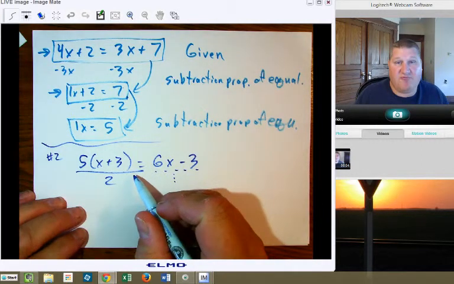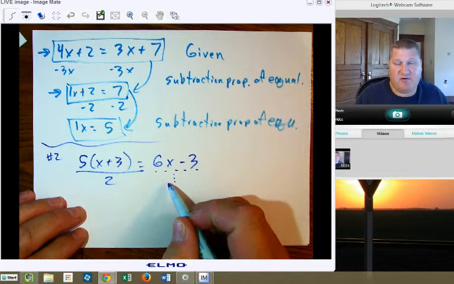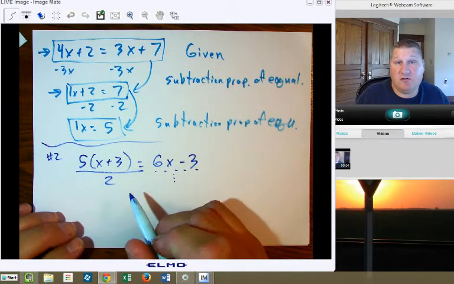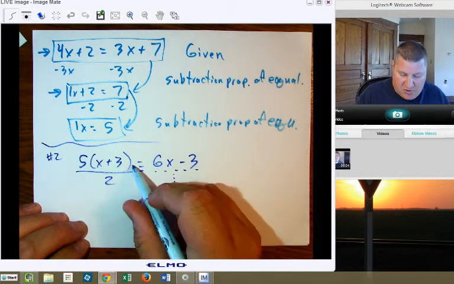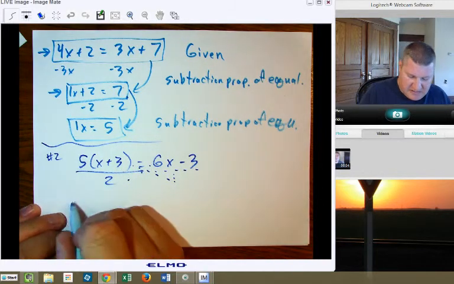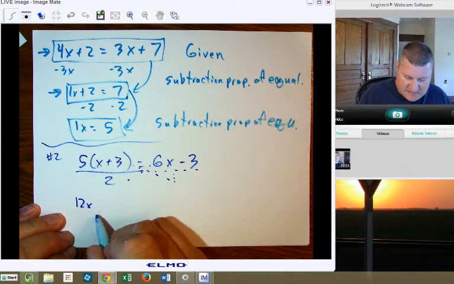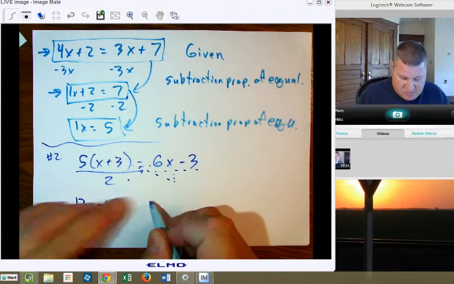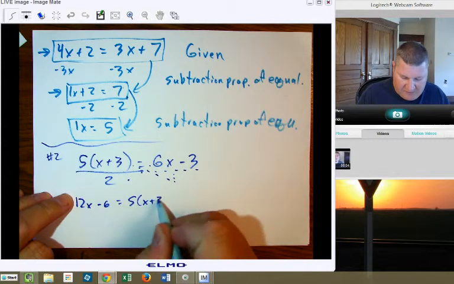And how do I solve proportions where I have one fraction here and one fraction here? That's right, we're going to cross multiply. Now, I could cross multiply, in which case I would get 12x minus 6 equals, and this times 1 would be 5 parentheses x plus 3.